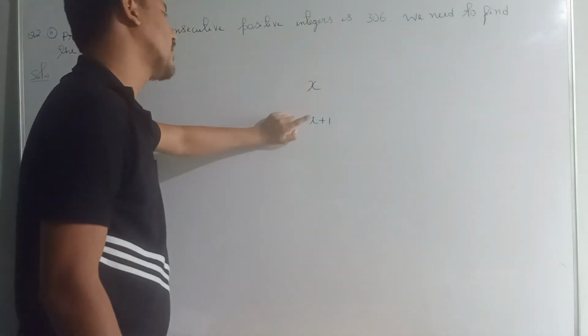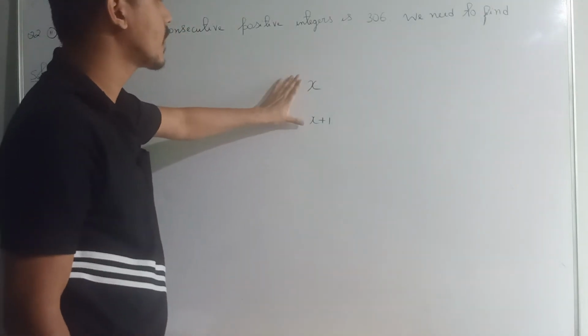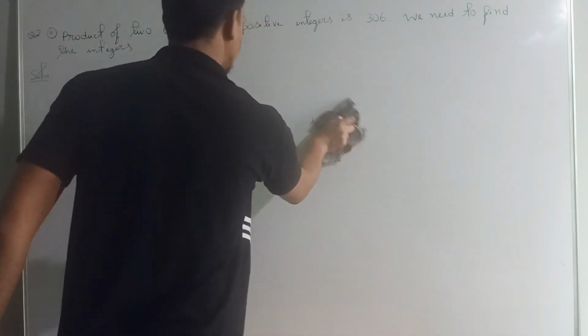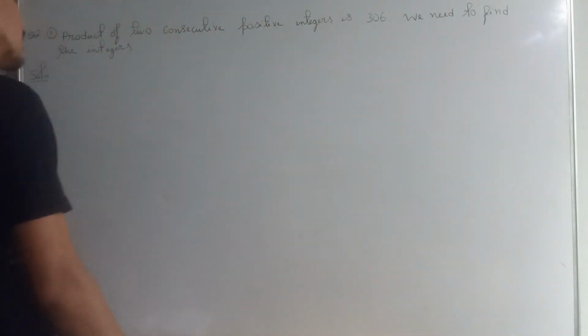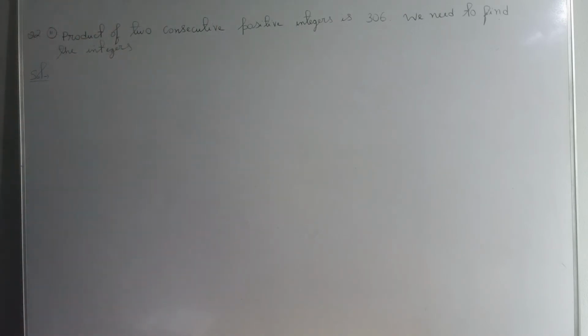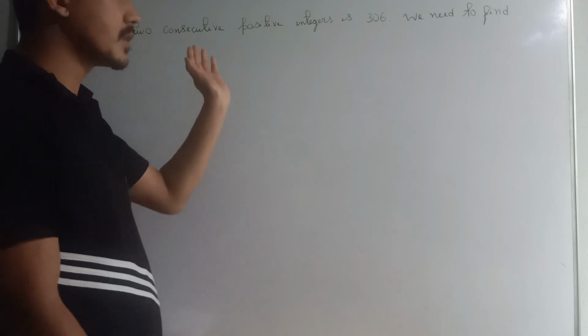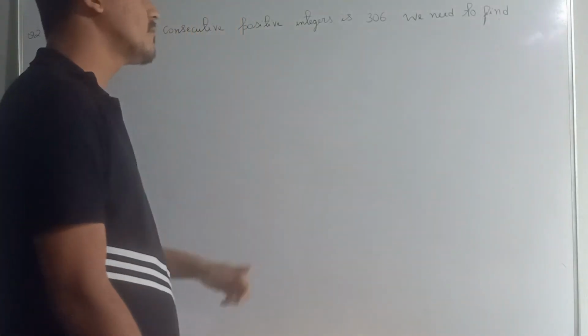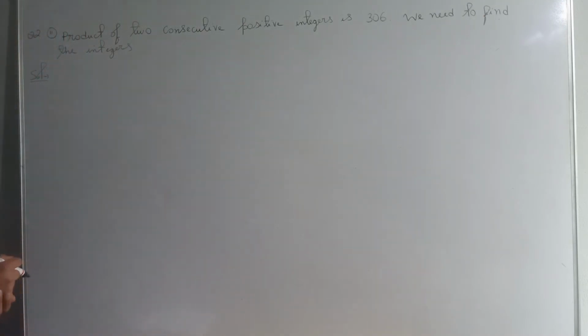So x and x plus 1 are two consecutive positive integers.